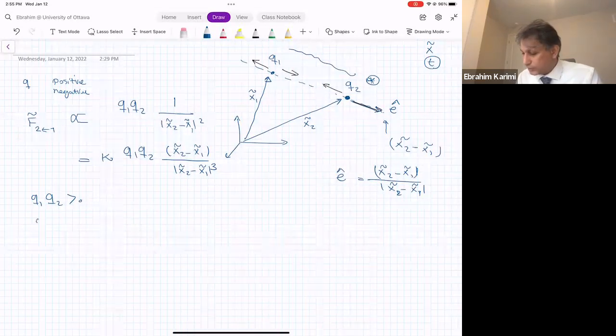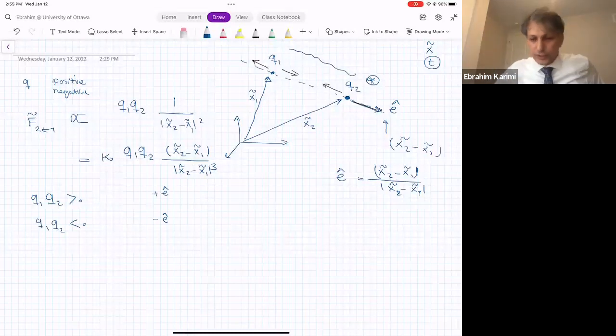If q1 q2 is negative, which means that they have opposite charges, then the force will be along negative E. So it will be repelling in the first scenario, or attracting each other in the second scenario. So we see that this formula is working.